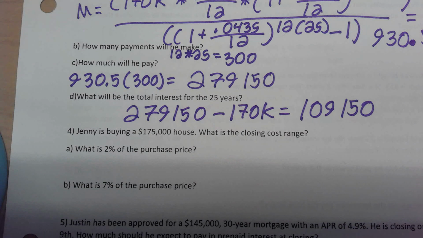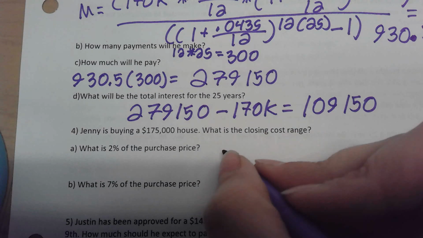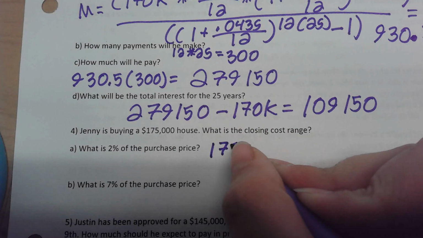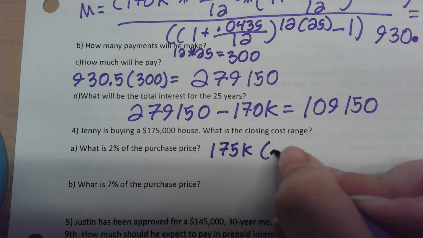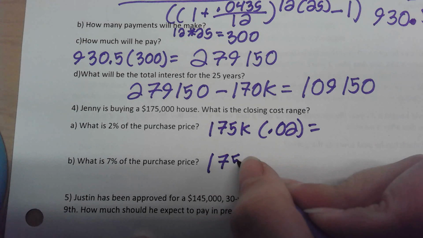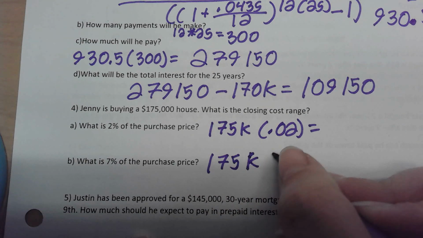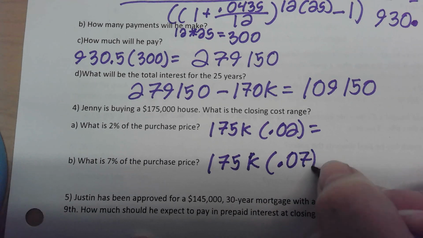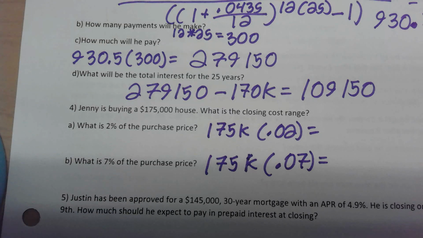Okay, so this one's looking for the closing cost range, so it's going to be 175,000 times 2% and 175,000 times 7%. So we're going to multiply both of those together.